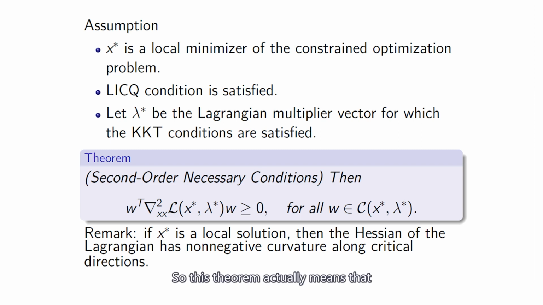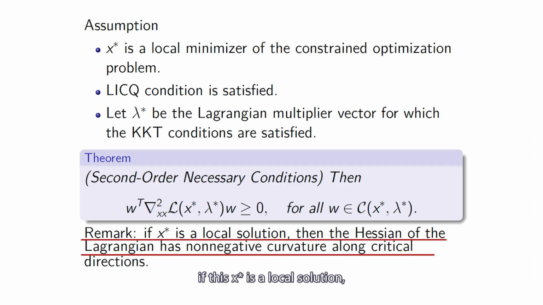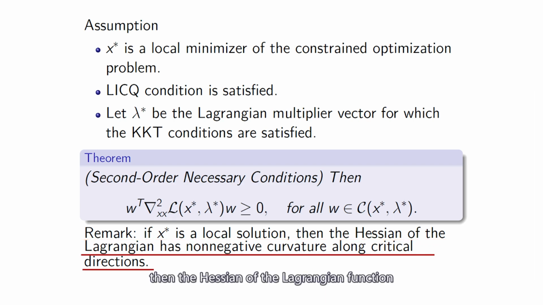This theorem means that if this x star is a local solution, then the Hessian of the Lagrange function has non-negative curvature along all the undecided directions, along all the critical directions. Meaning that the Lagrange function does not decrease along these directions.